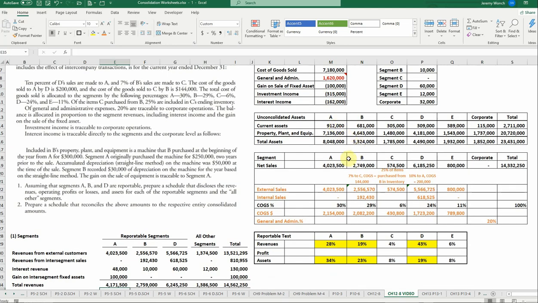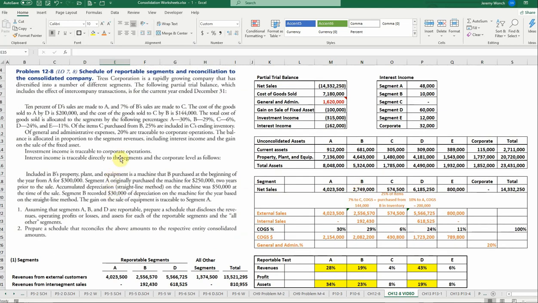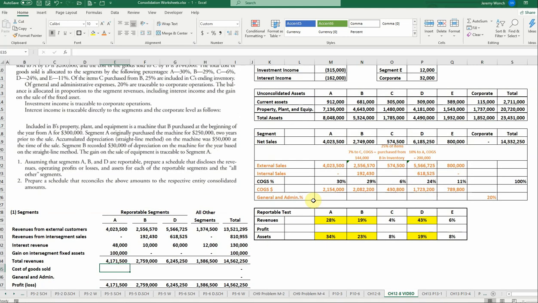Then the book tells us that cost of goods sold is broken out in the following percentages by segment.